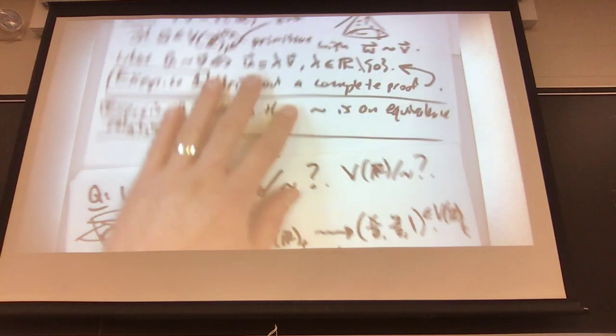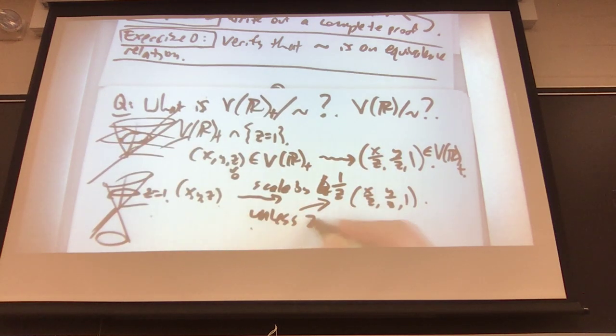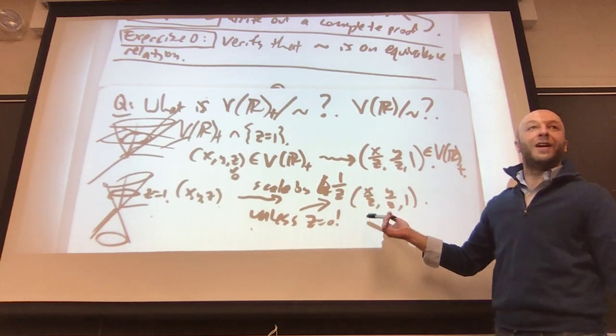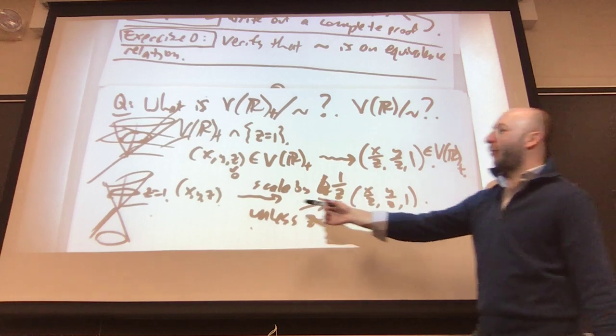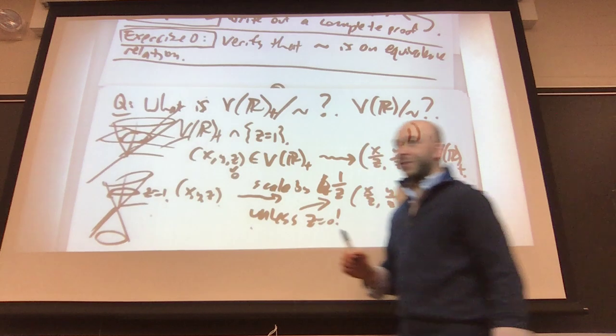Okay? So the only thing that goes wrong when we look at the full variety is when z equals 0, in which case you're scaling by infinity. You can't get the point from 0 up to the height 1 circle.